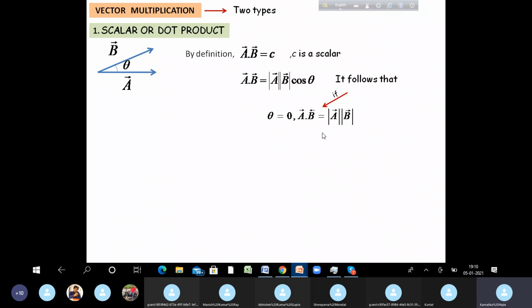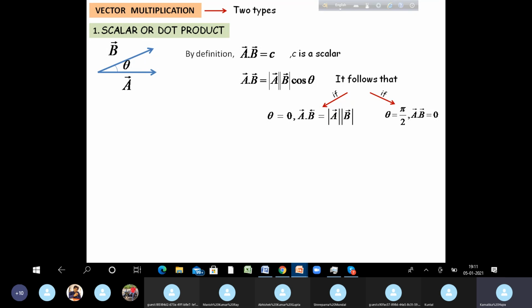It should be the normal arrow. So if theta is 0, we know that cos theta is 1, so that A dot B is equal to just the product of the modulus of A and B. On the other hand, if theta is 90 degrees, that is if the two vectors are perpendicular to each other, then the dot product is 0 because cos 90 is 0.